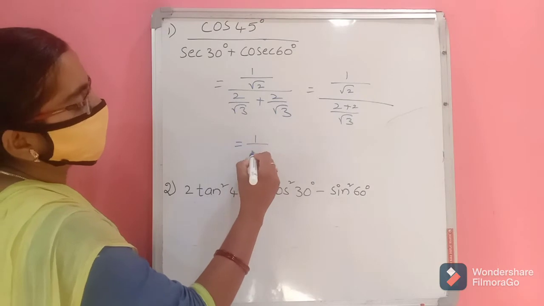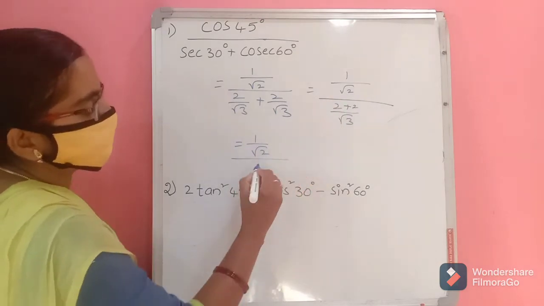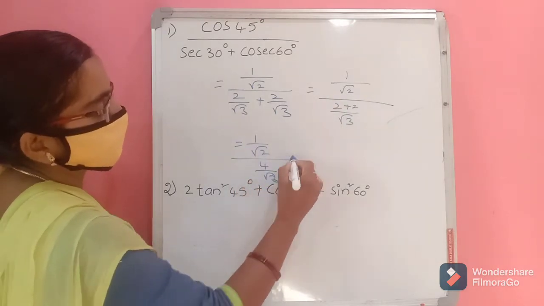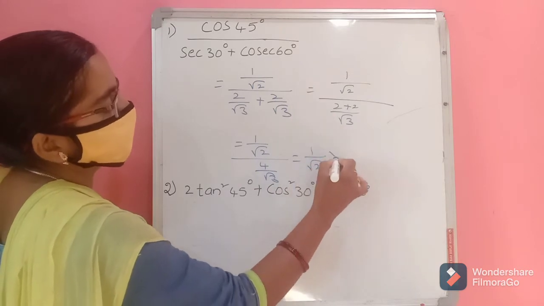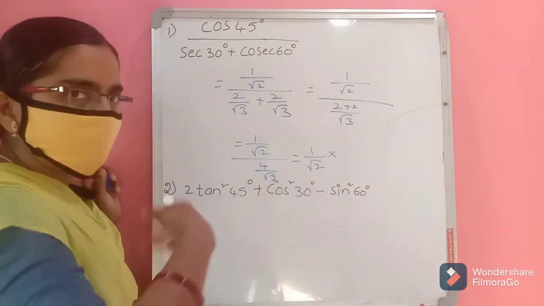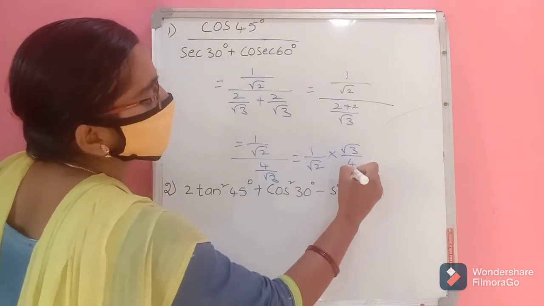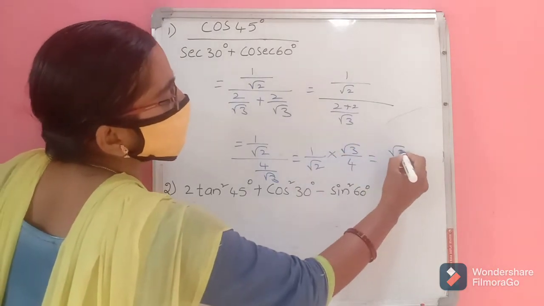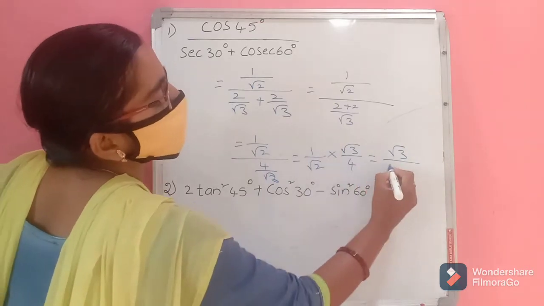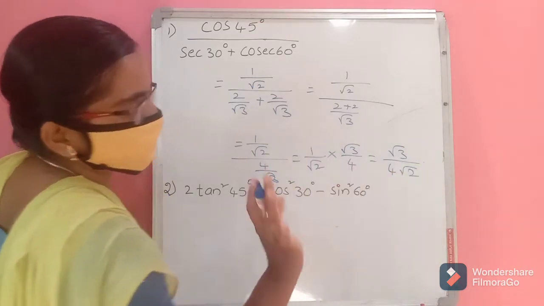So 1 by root 2 by 4 by root 3. 1 by root 2 into 4 by root 3, we can write its reciprocal root 3 by 4. 1 into root 3 is root 3, by root 2 into 4 means 4 root 2. That's its value.